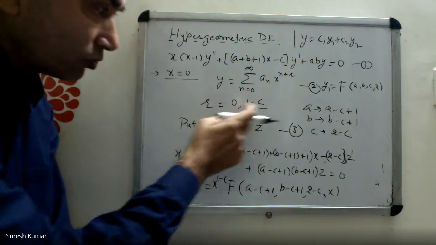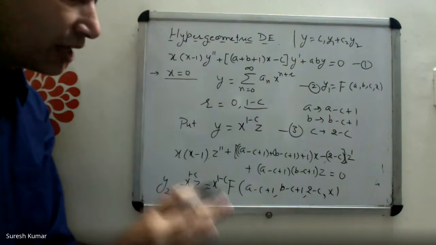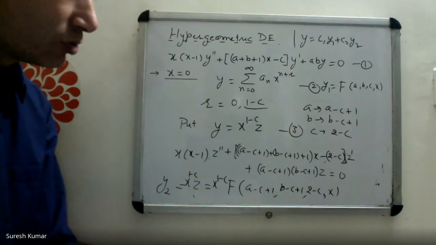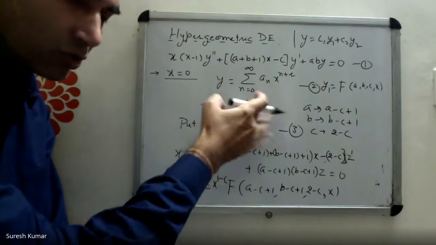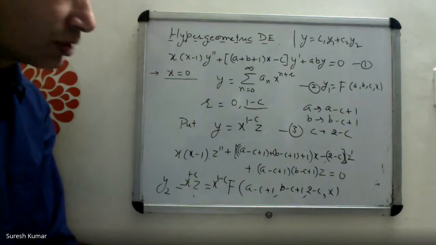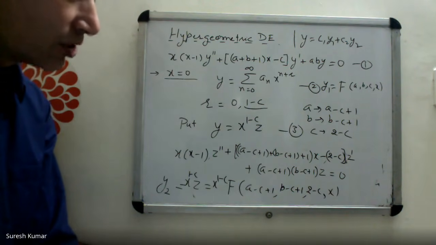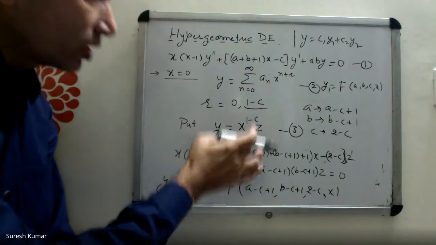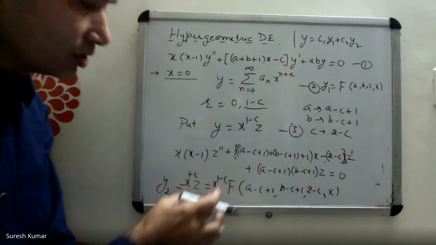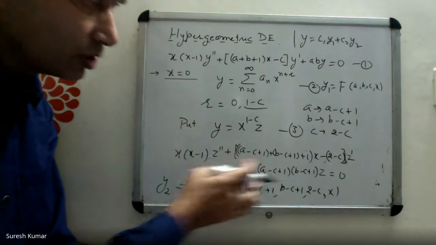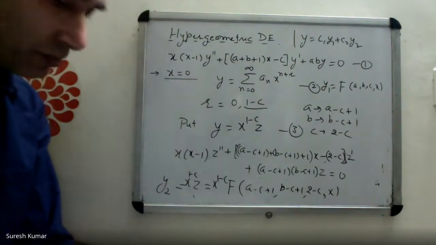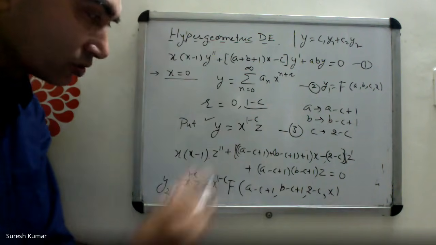Now corresponding to 1 minus c, we were having another option. What was that option? We again write the recurrence relation and substitute this root into that and do the calculations. But with this transformation, you are able to convert equation 1 into a hypergeometric differential equation again. And once it is hypergeometric, you have a ready-made solution. That's why this transformation is used.